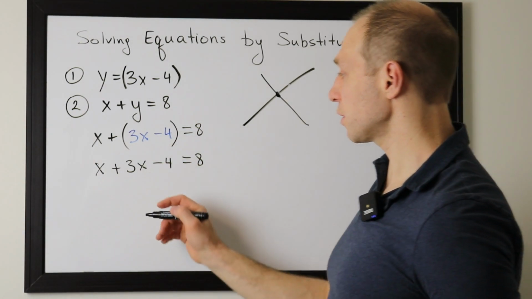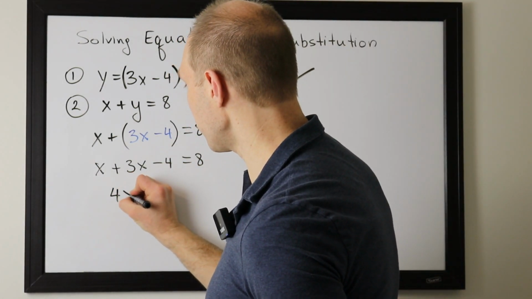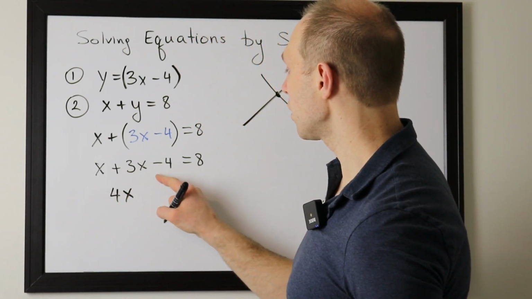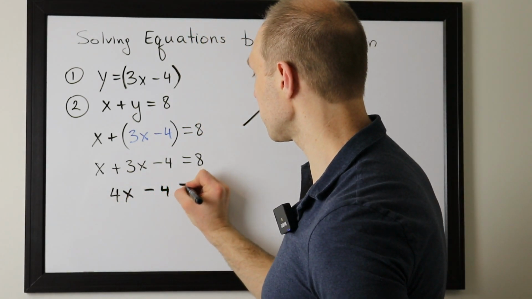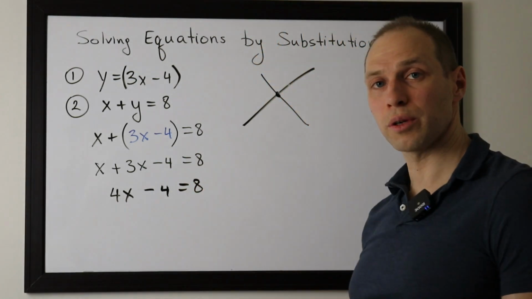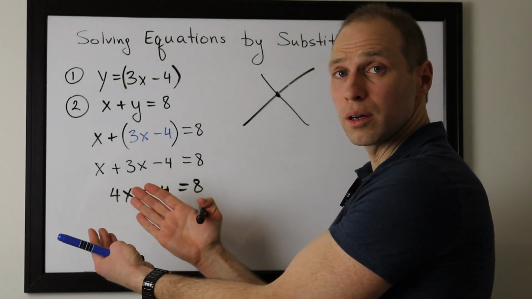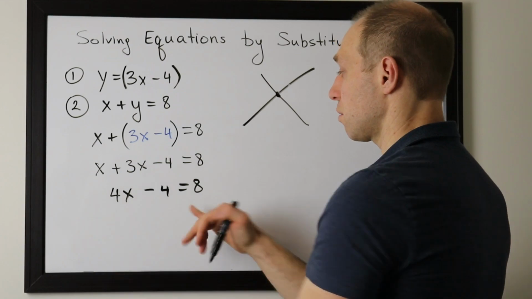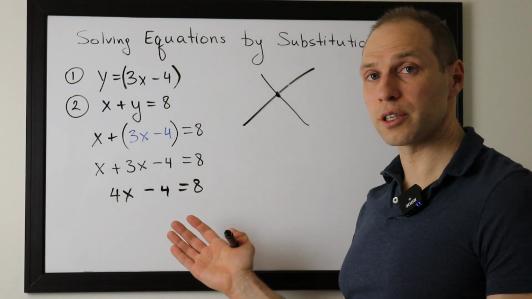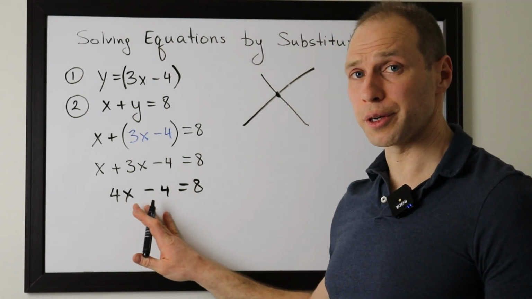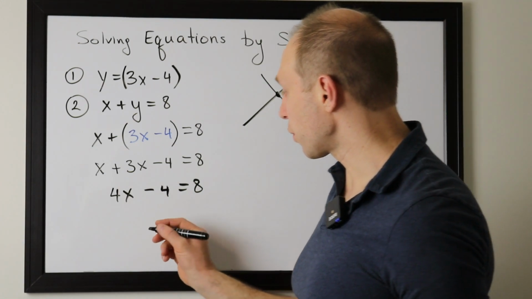So x plus 3x gives us 4x minus 4 equals 8. We always like to have an unknown, a variable, and numbers on opposite sides, and we try to separate them. This way we can solve for x.